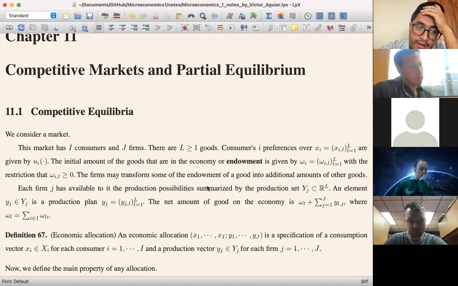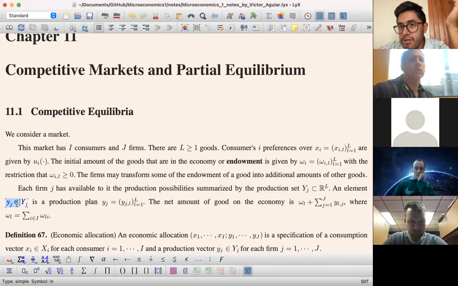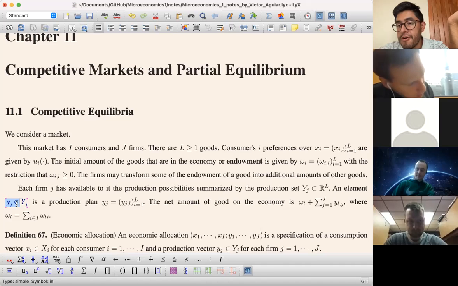Now, an element, as I say, as the analogous of the commodity bundle chosen by the consumers, for the firms is the production plan, which is denoted by lowercase y and subindexed by the firm. So I have capital J of them. So each firm is indexed by a subscript j.